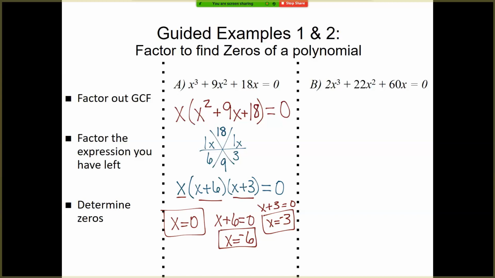I want you to look at question letter B. Try to figure out what the greatest common factor of 2x to the third plus 22x squared plus 60x is.